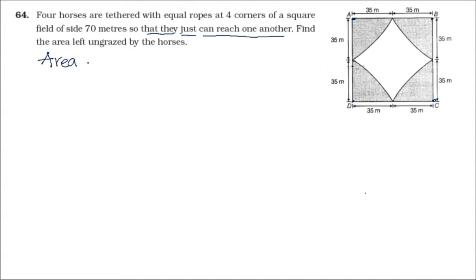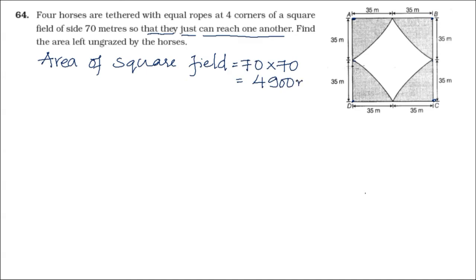Here the area of the square field will be equal to side into side. The side of the square field is 70 meters. So 70 into 70, which is 4,900 square meters.